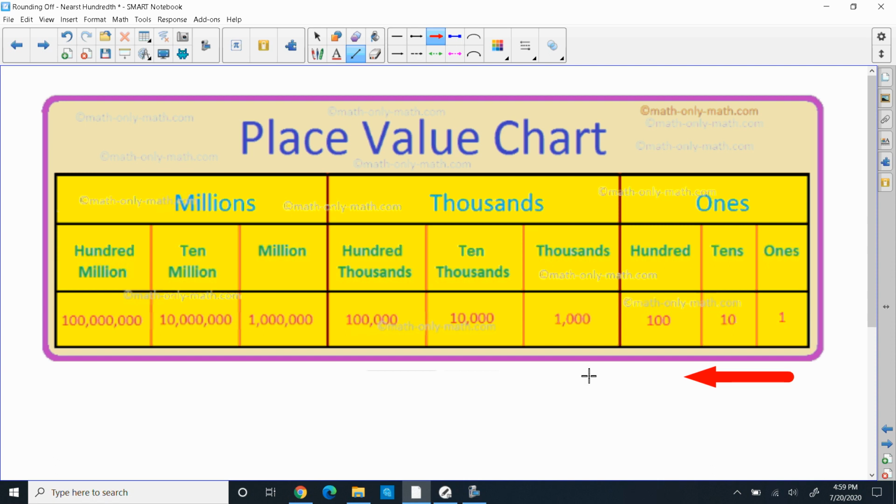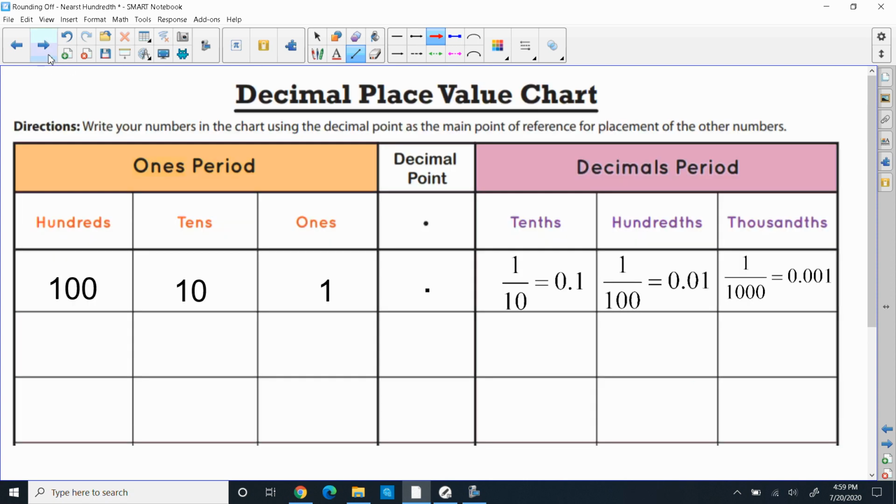Then we went to the thousands, then 10,000, then 100,000, and then we went up to millions, then 10 millions, 100 million. So it keeps going that way to the left. It gets larger.